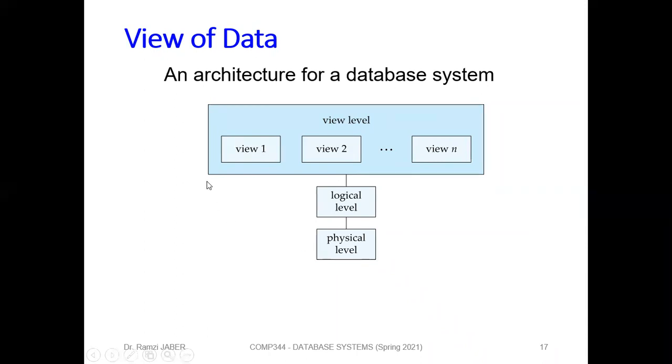So the view of data consists of 3 layers, 3 levels: the view level, which hides or abstracts some information; the logical level, the relations between tables, the data itself and its type; and the physical level.